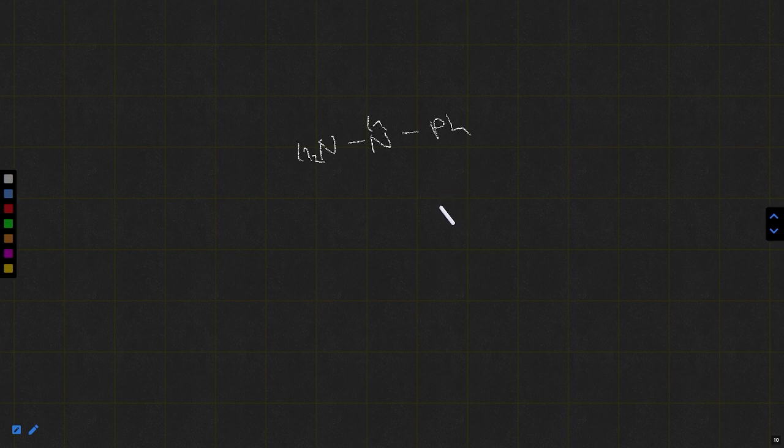Because it has an OH group. Okay, it has an OH group. So how does it happen? So let us say it. So first let us draw the structure of our glucose. The structure looks like this. So we have done the osazone formation at first position.